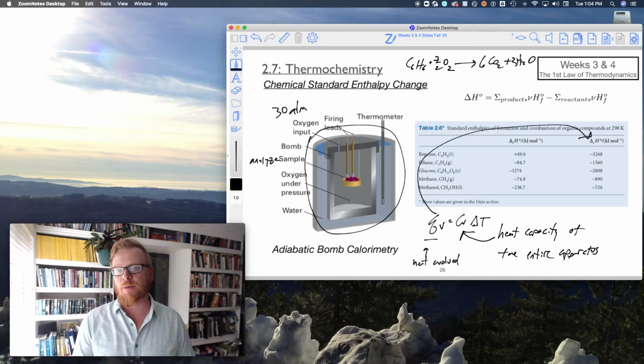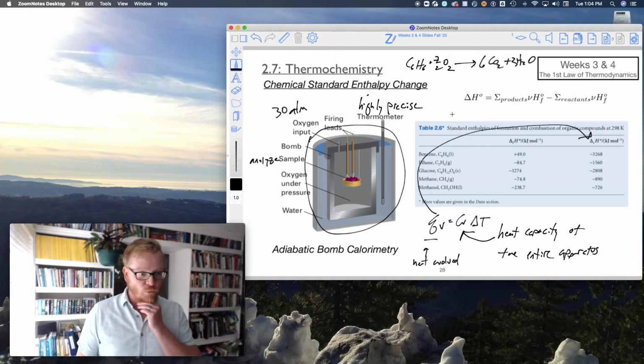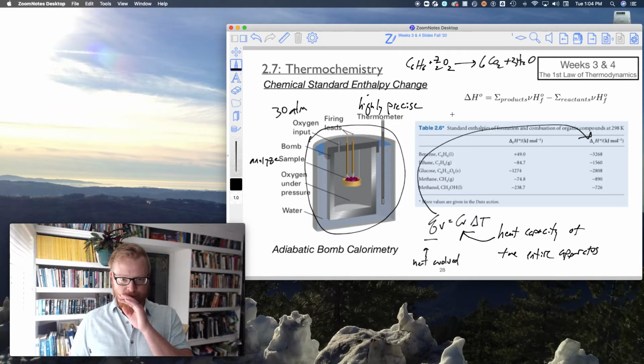And the thermocouples that are used are highly precise. They have to be; you have to have a lot of significant digits to get reasonable data out of the bomb calorimeter, okay? So the bomb calorimeter starts by putting in a known material, a material with a known heat of combustion. That allows you to calibrate the instrument, to get the heat capacity of the entire apparatus.